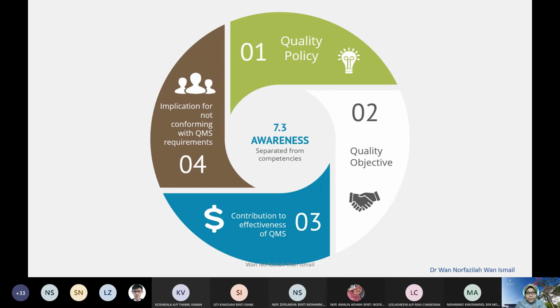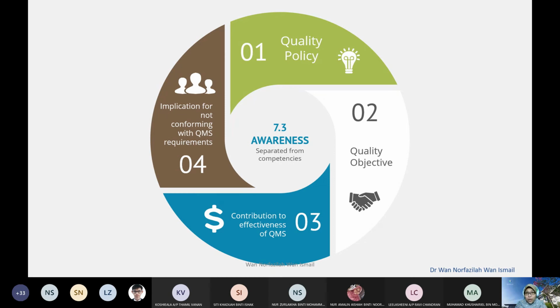Okay. The third one, awareness of contribution to effectiveness of quality management system. Means that everyone in the lab aware that their contribution can give effectiveness of the quality management system.